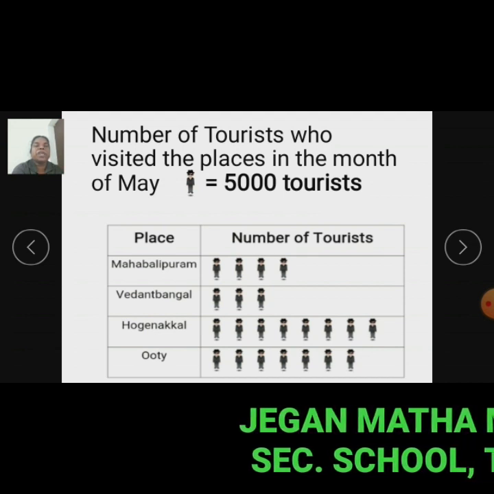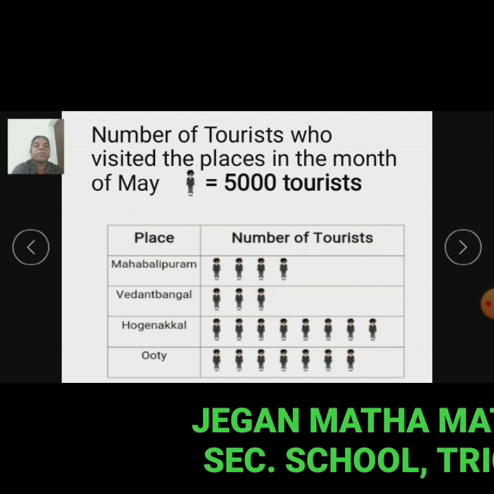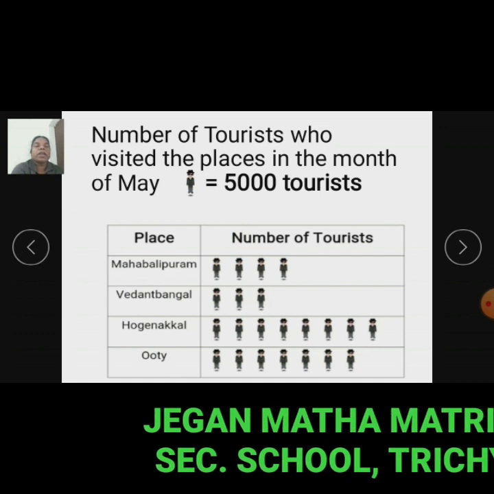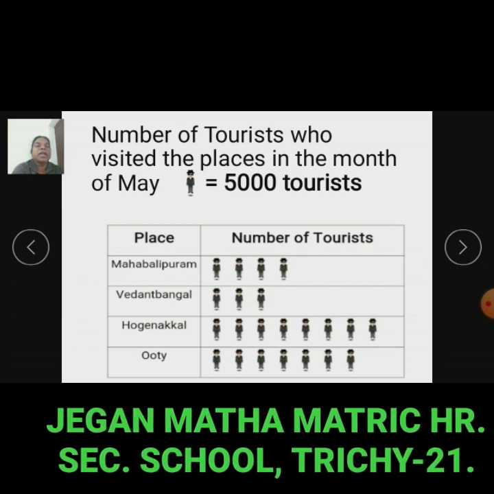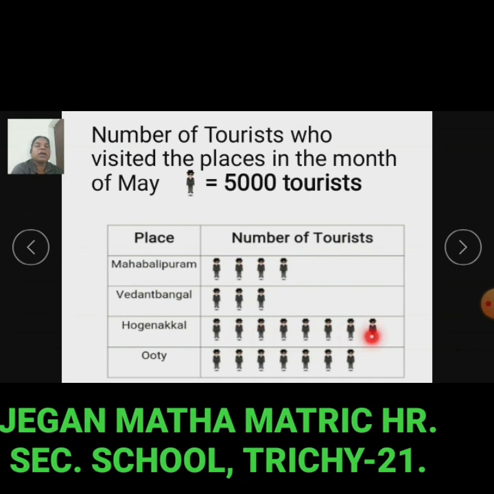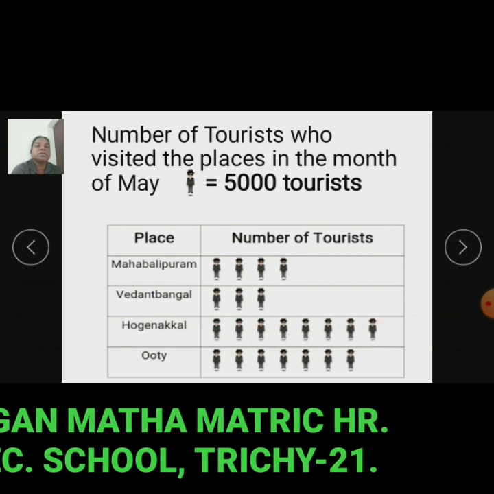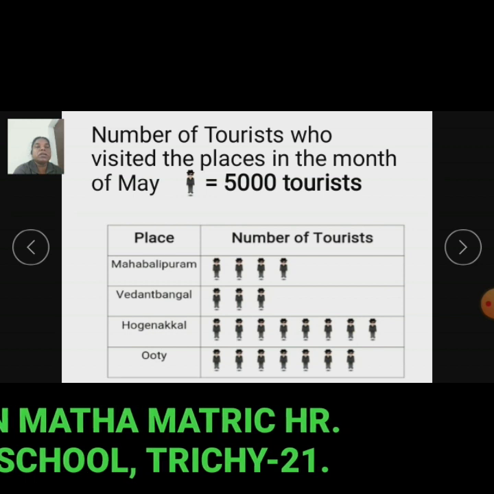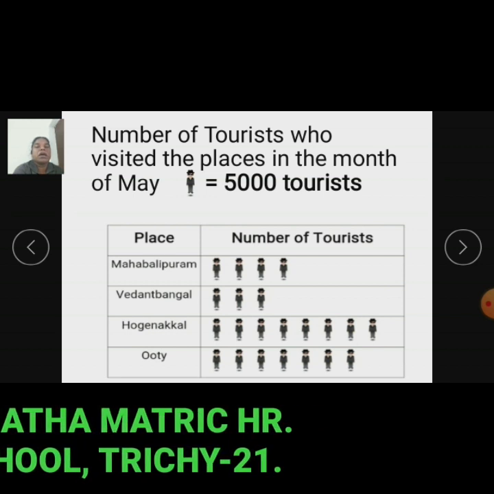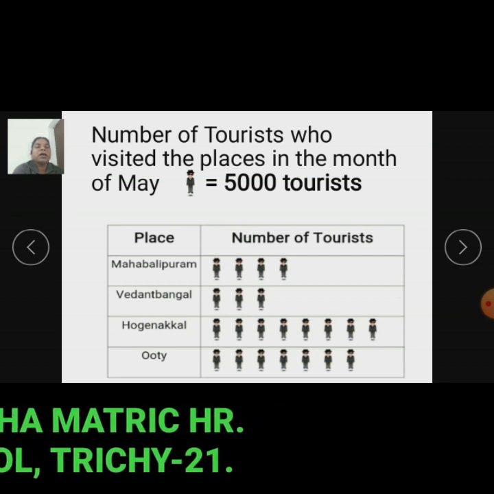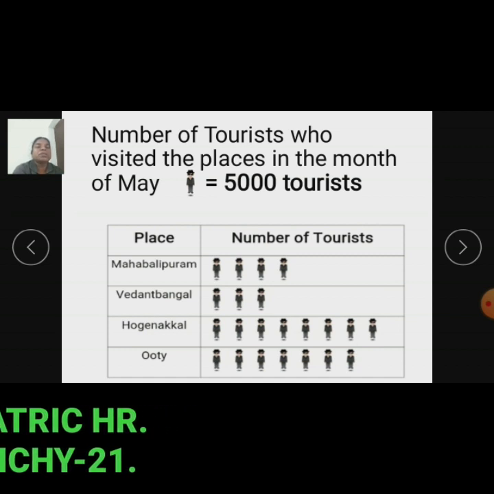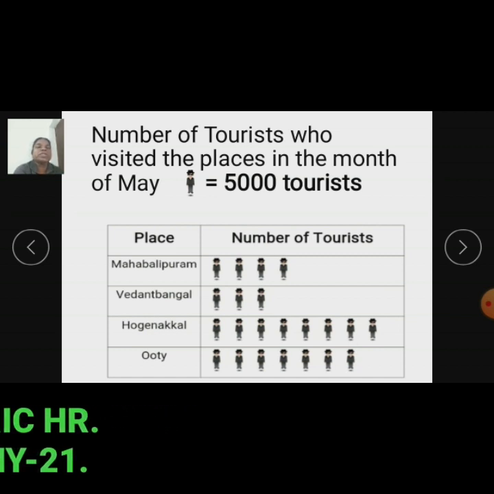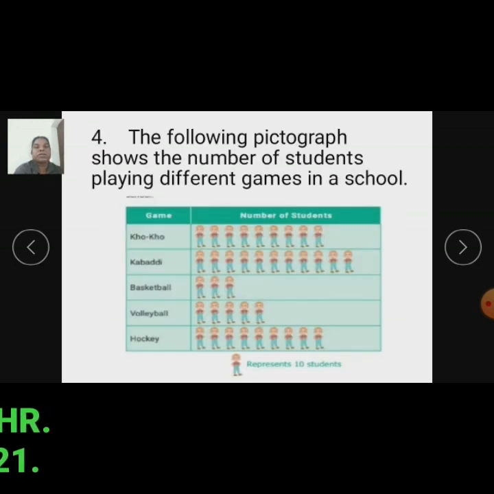That means 15,000 tourists. In Hokenakal, there are 8 images. Images represent 40,000 tourists. In Ooty, 7 images represent 35,000 tourists.